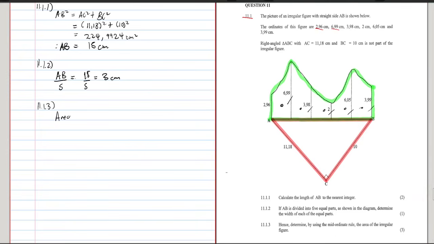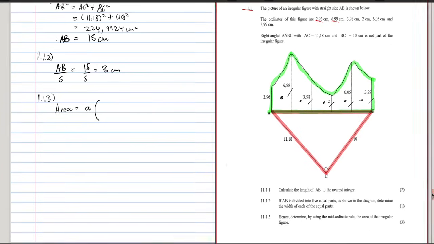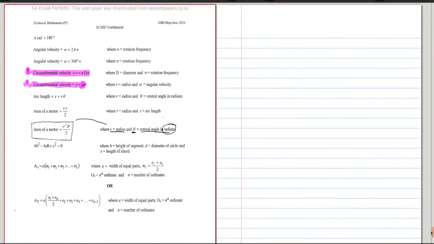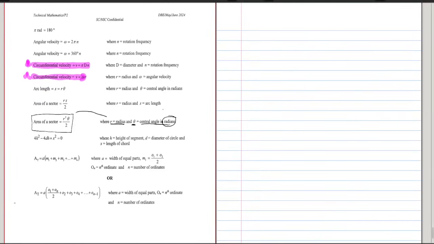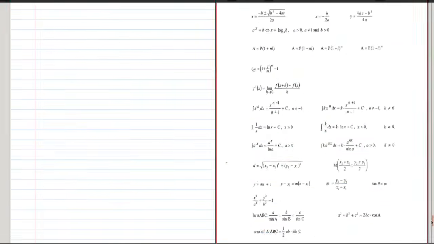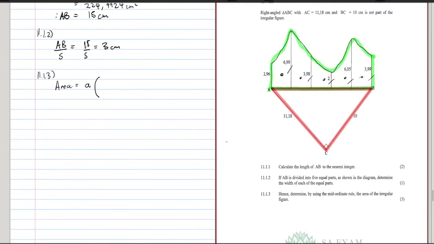The area is equal to a, open bracket. Actually, I'm not sure if I remember the formula off by heart, but there is this formula where we use the mid-ordinates. We can use the other one, but let's just stick to this one. It's much quicker. Let's copy it and bring it over here.